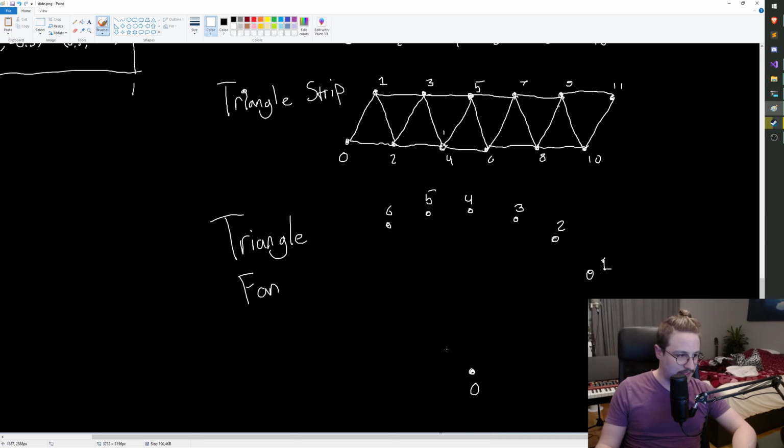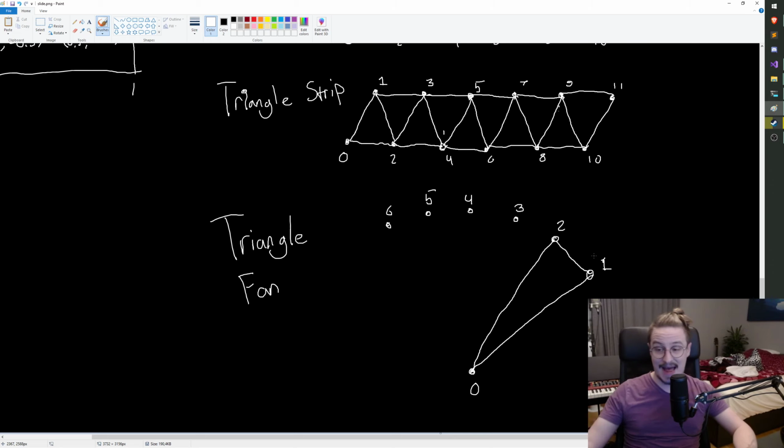And what triangle fan does is that it starts the same way as triangle and triangle strip. It will join the first 3 vertices into a triangle. And the next thing it does is it goes first, last of the previous triangle.